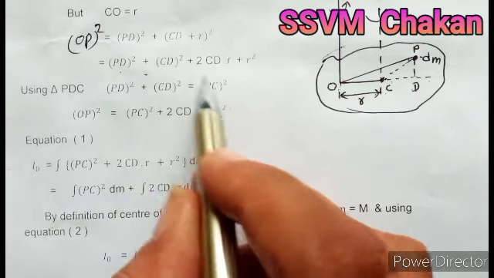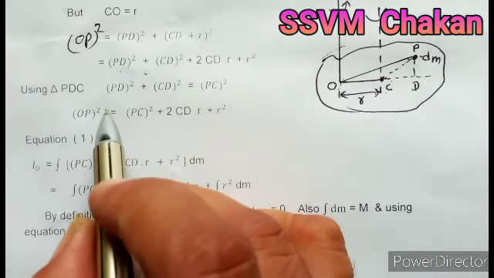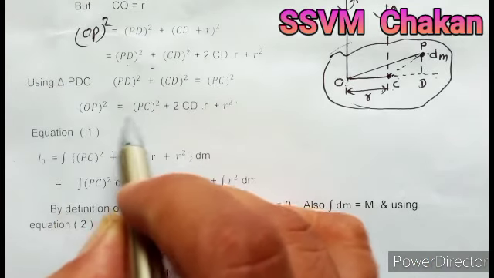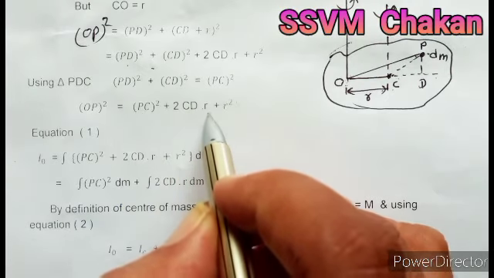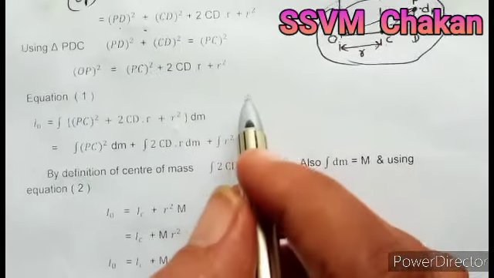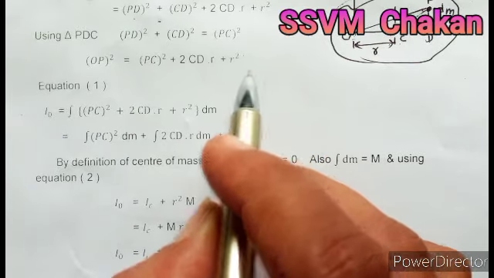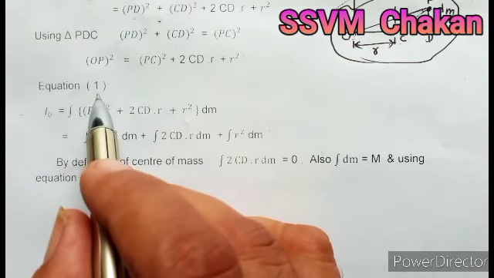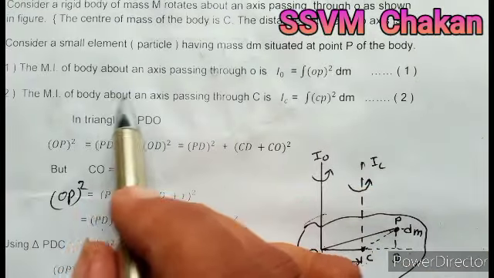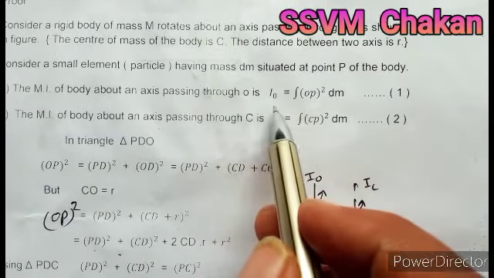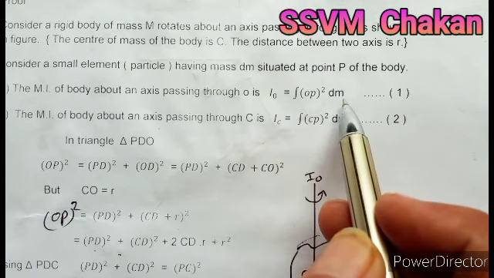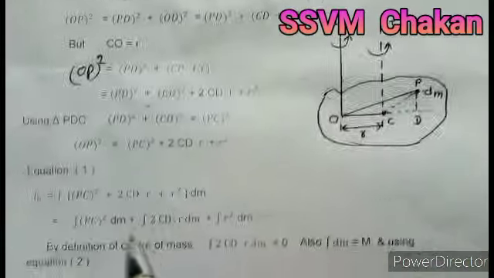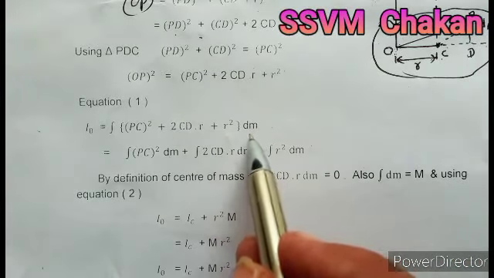Therefore, OP square is equal to PC square plus 2 CD into R plus R square. Using equation 1, that is the moment of inertia about an axis passing through O, I0 is equal to the integration of OP square into dm. Substitute the value of OP square now in the above equation.